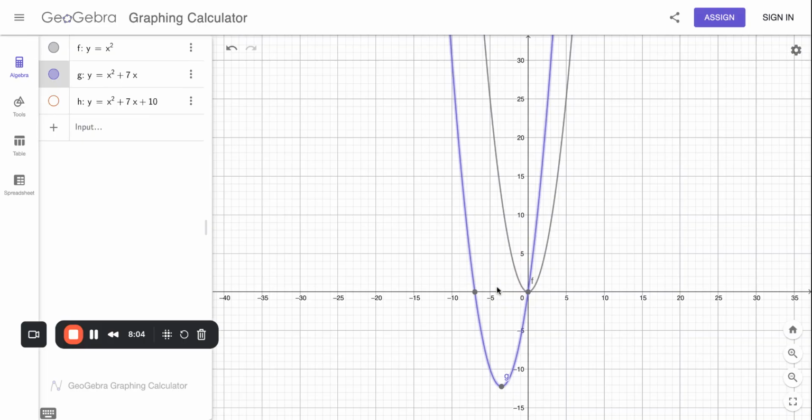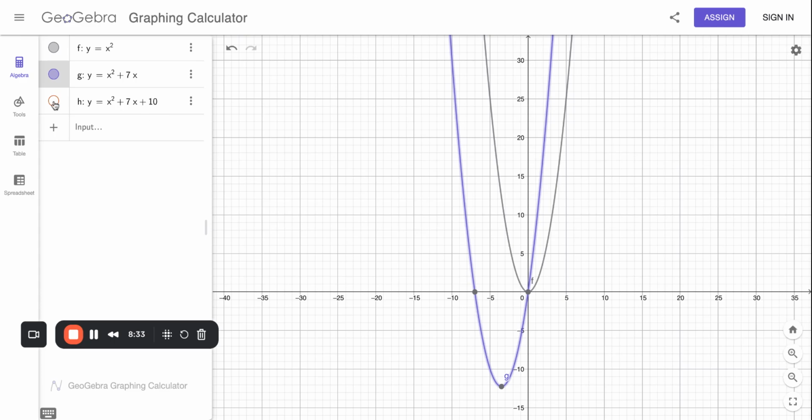We know that we shifted our turning point to the left and down when we added 7x, right? Now, in adding 10, we're actually just going to elevate this graph. That's because what we're actually doing is changing what we call the y-intercept. Now, what is the y-intercept? It's that point where your graph cuts the y-axis, and it happens where x is 0, right?